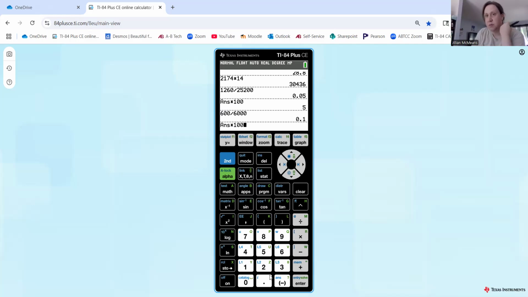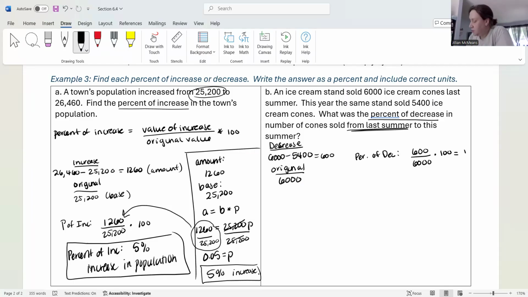That just moves the decimal to the right twice, and the calculator does it for us. So we end up getting 10. So this tells me that we have 10%. So there was a 10% decrease in ice cream cone sales.